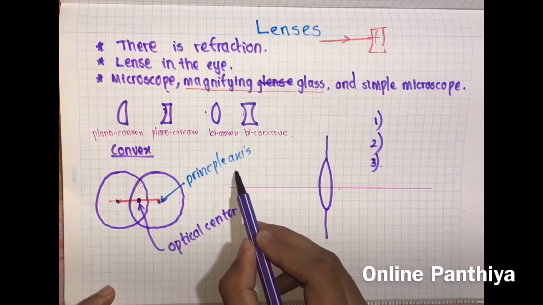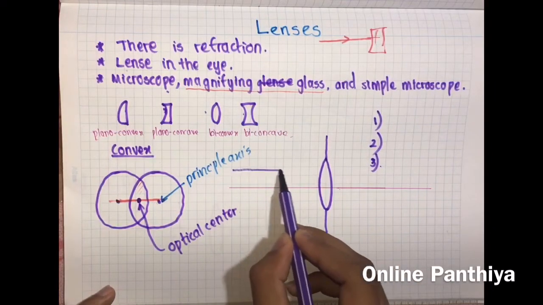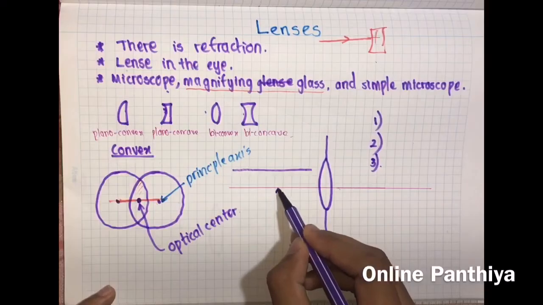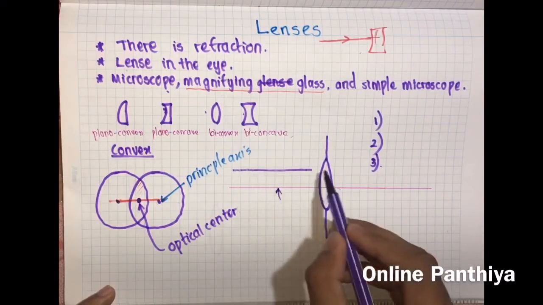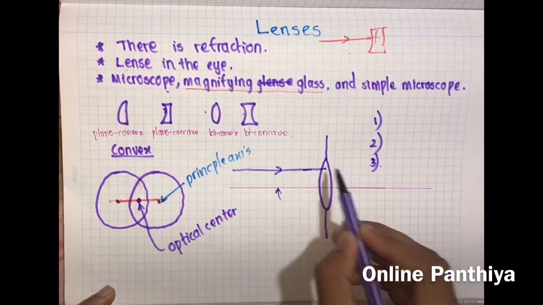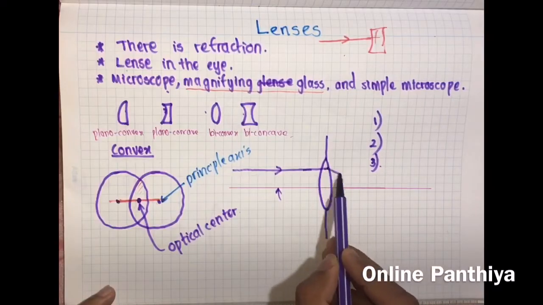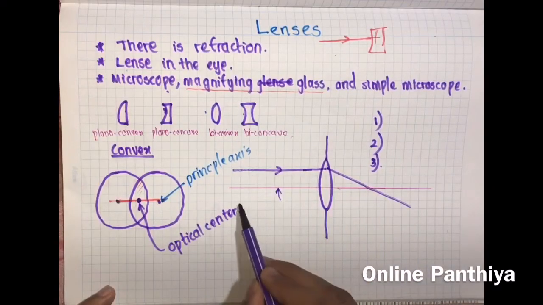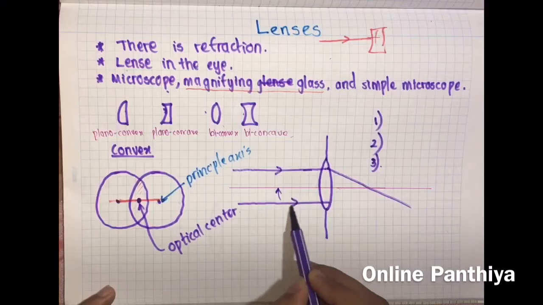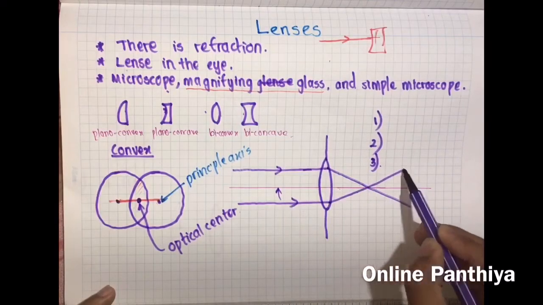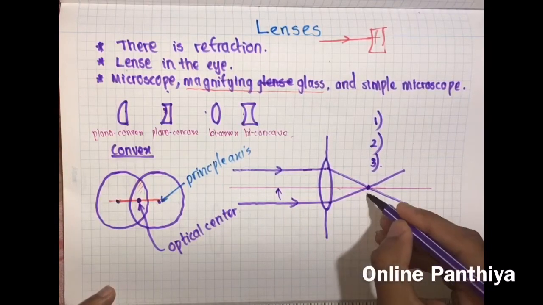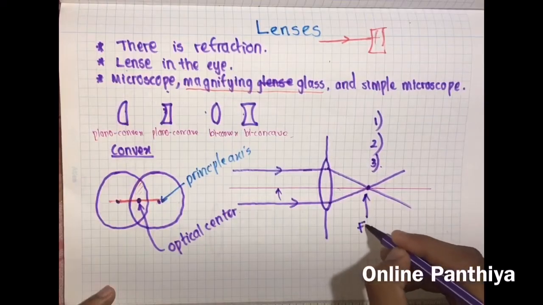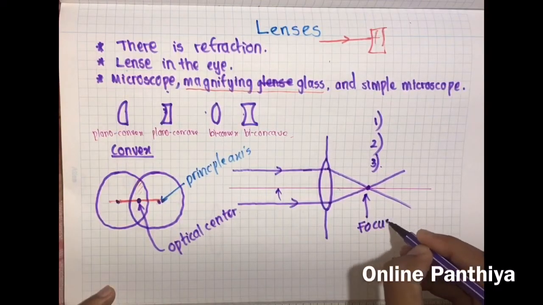Now this is the principal axis. All rays that come parallel to the principal axis always go through a certain point. Now this point you call the focus, the focal point.